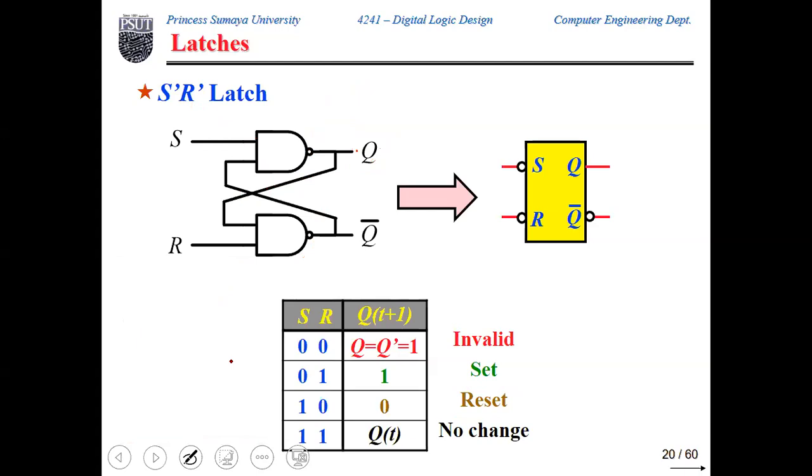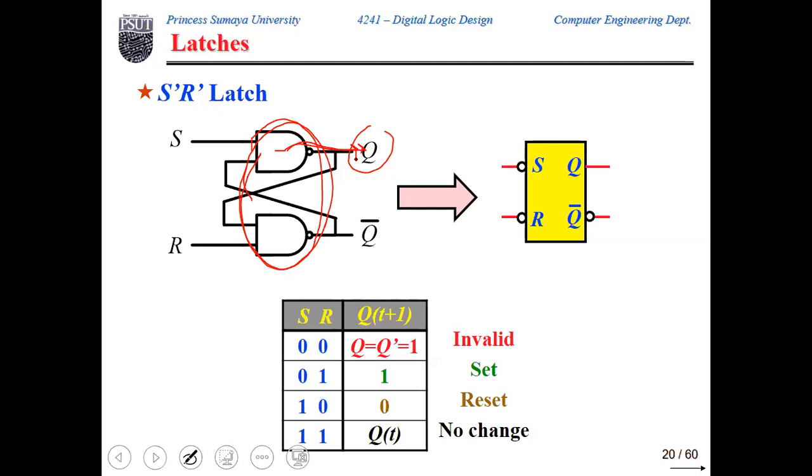Okay, so I only have Q, which is the value that is stored now. Where is the value Q of t plus 1, or the value to be stored? It is being calculated here, and then it will appear here in 0 time. This is theoretically, but in practice, calculating the value here and then forcing it to the output will take a very small amount of time.